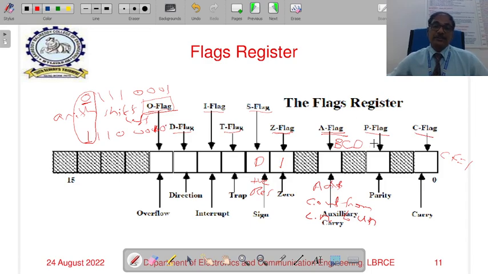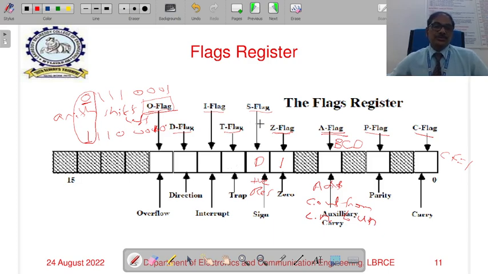Jump on even parity, jump on odd parity; then the zero flag, jump on zero, jump on non-zero; then the sign flag, jump on minus, jump on positive; jump on overflow, jump on non-overflow. Likewise, these flags are used as conditions, so the name conditional flags is given. So that is about the status or conditional flags. In total, 6 are there in this group.